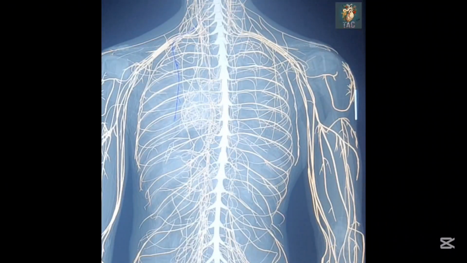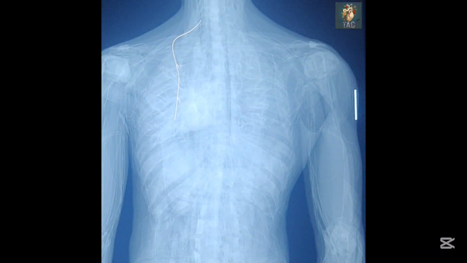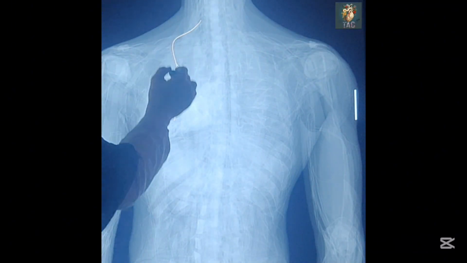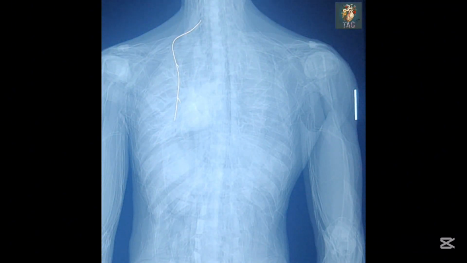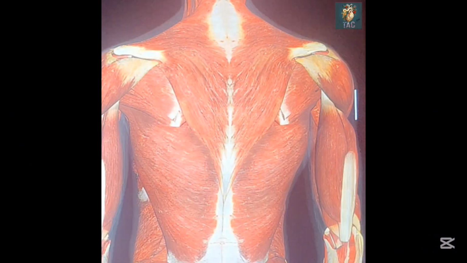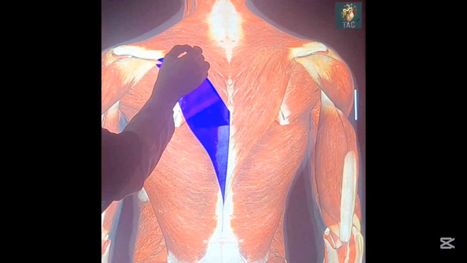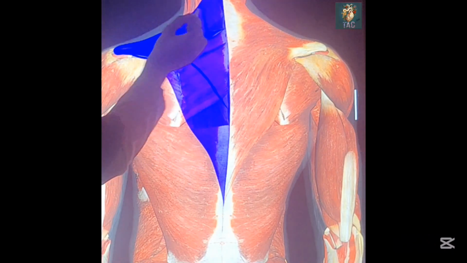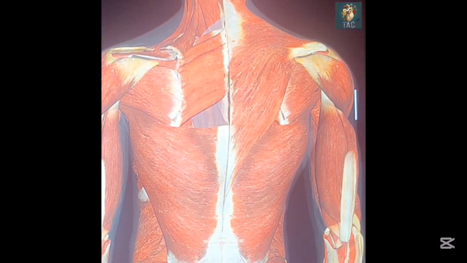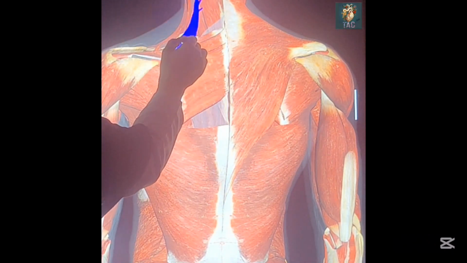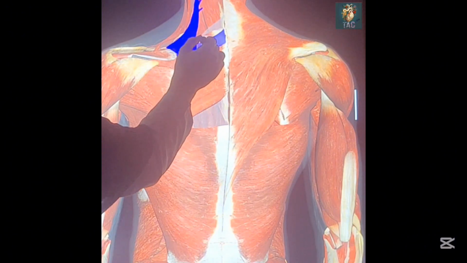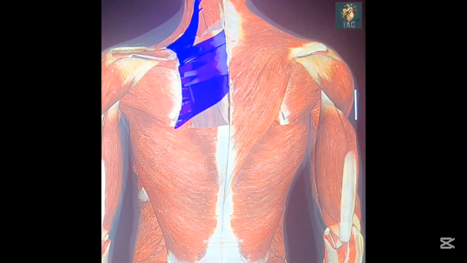Now I will add these muscles to show you. First you can see the dorsal scapular nerve, and now I will show you how this nerve travels after adding these muscles. First we will remove the trapezius, then I will remove the levator scapulae, the rhomboides minor and the rhomboides major muscle.